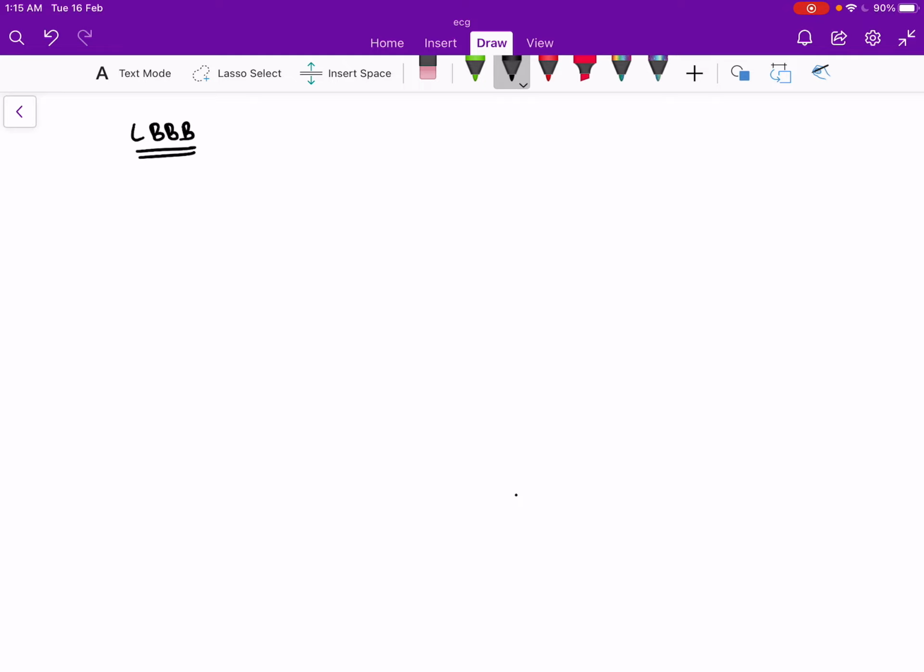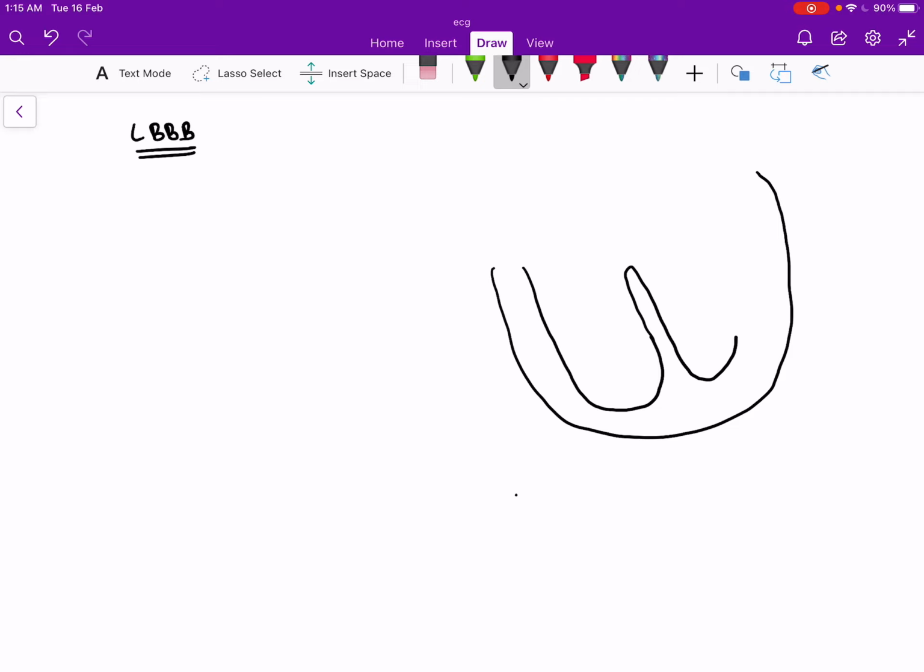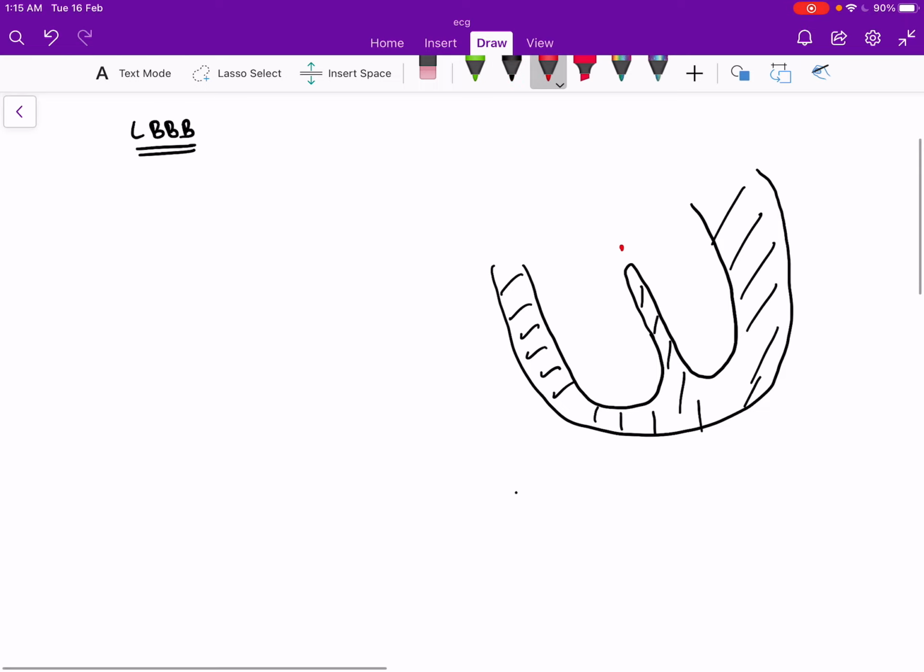If we see the anatomy of our heart, this is the ventricle, this is the right ventricle, the interventricular septum, and the left ventricle. This is our AV node.